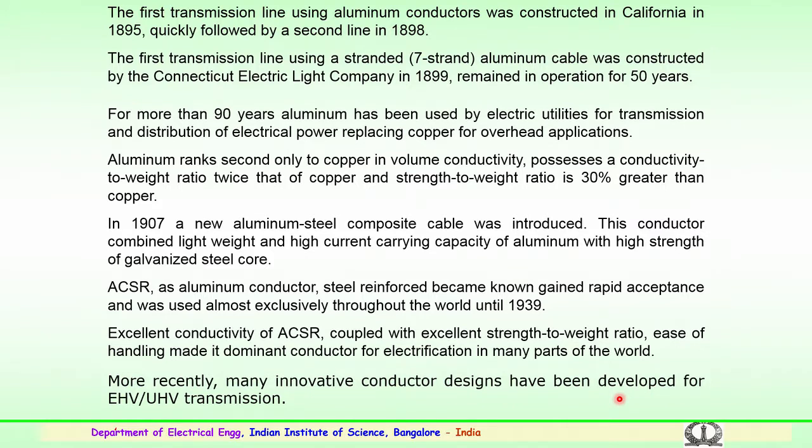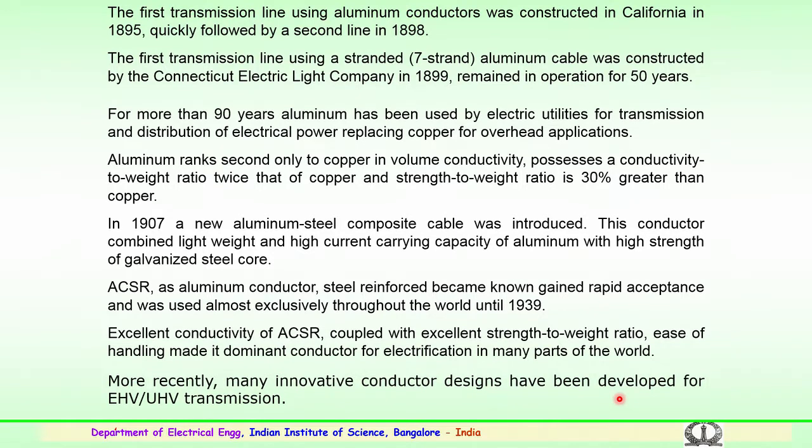The excellent conductivity of aluminum conductor steel reinforced, coupled with its excellent strength to weight ratio and ease of handling, made the ACSR conductor the choice for electrification in many parts of the world.